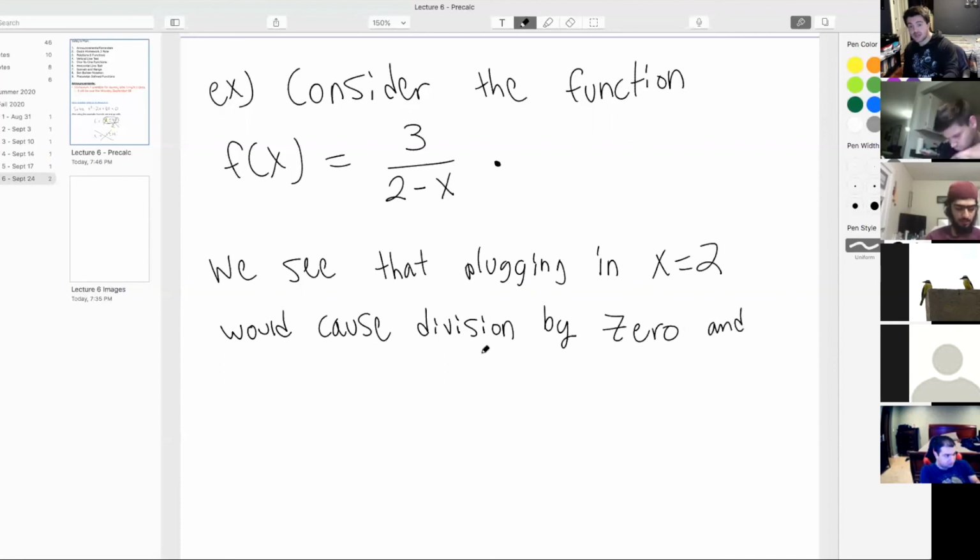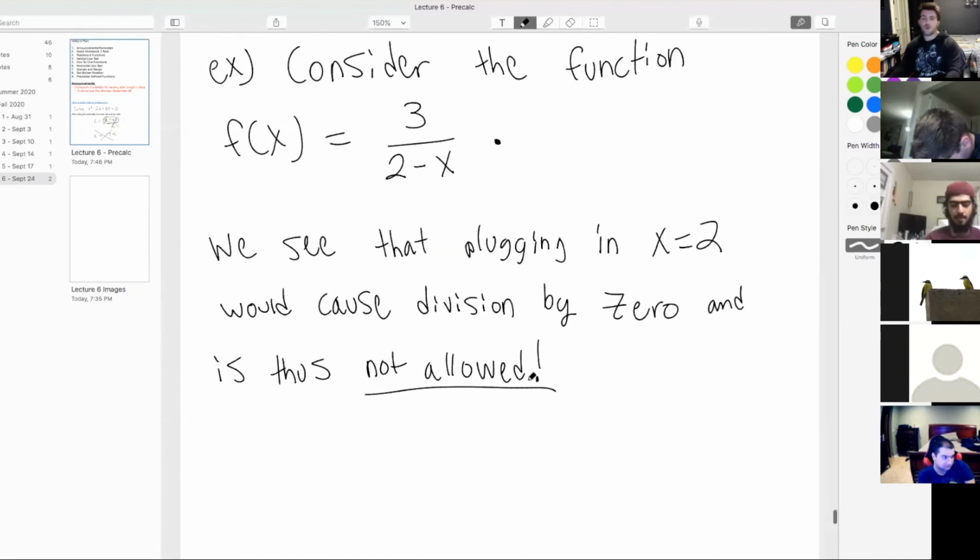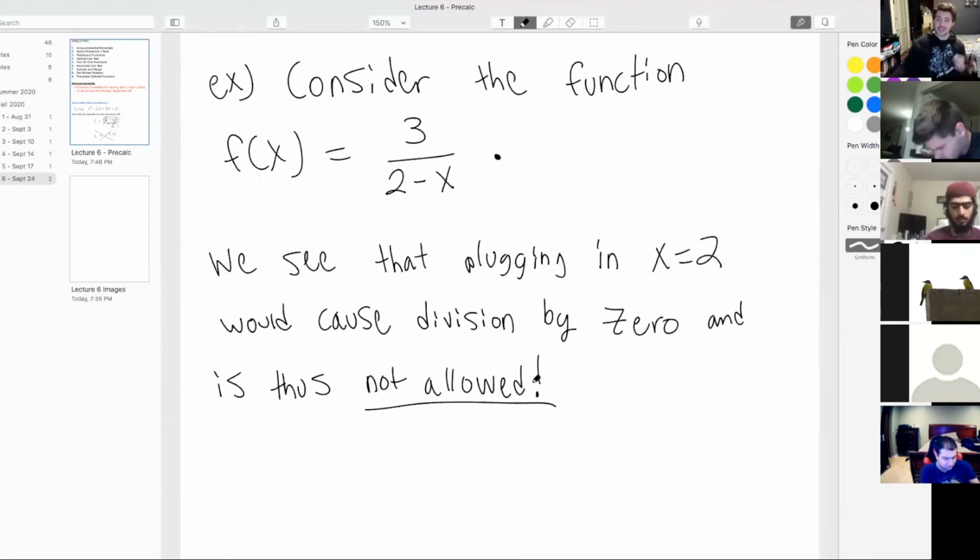Okay, and is thus not allowed. So we see that for this function, plugging in x equals 2 is bad.